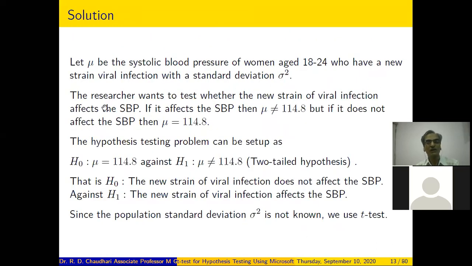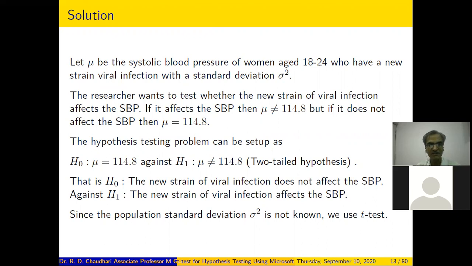Okay, so let mu be the systolic BP of a woman aged 18 to 24 who has the new strain of viral infection, with a standard deviation of sigma square. Mu is the population mean, sigma square is the population standard deviation. Now the researcher wants to test whether the new strain of viral infection affects the SBP or not.